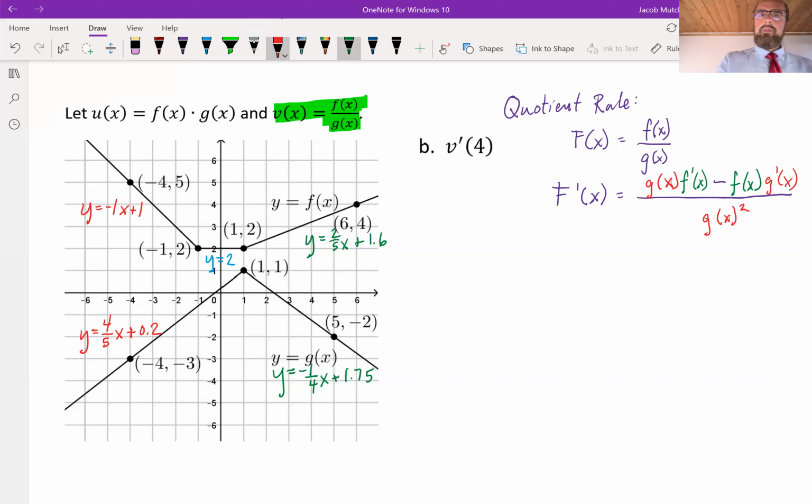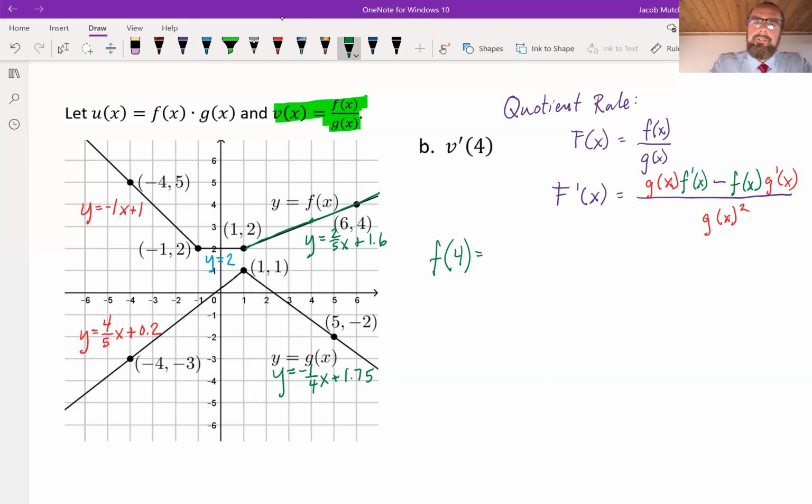So let's start with our f of x again. So here I'm interested in the value of the f of x for the upper function at positive 4. So that's this line in green, right about here. That looks like about 3 point, I don't know, 2. Let's calculate it though.